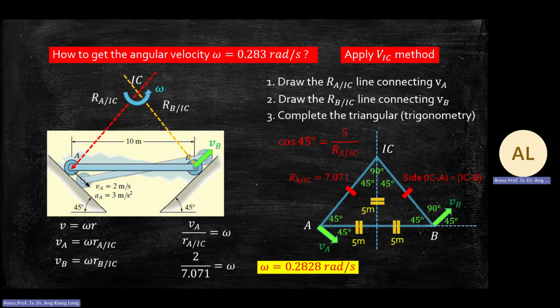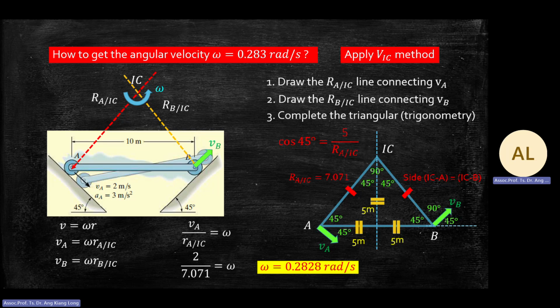Your V is this way. The black arrow and the red arrow are 90 degree, so you can transfer the 45 degree to this corner here. The balance is 45 here.